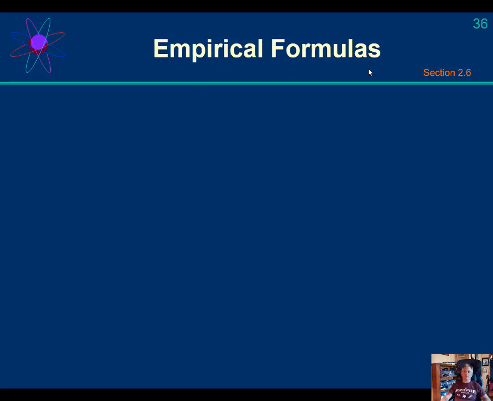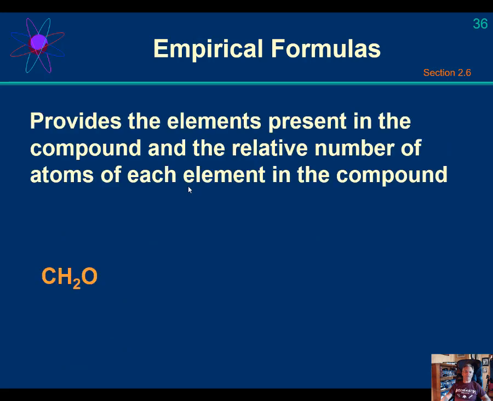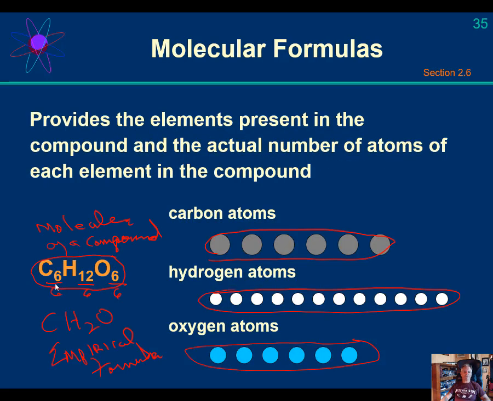Empirical formulas, as I said, they don't give you very much information. They just provide the elements that are in the compound, and their ratio, their simplest ratio. So this is C1H2O1. This still is the empirical formula for glucose. We got it by dividing 6 by 6, 12 by 6, and oxygen by 6 from the previous formula.